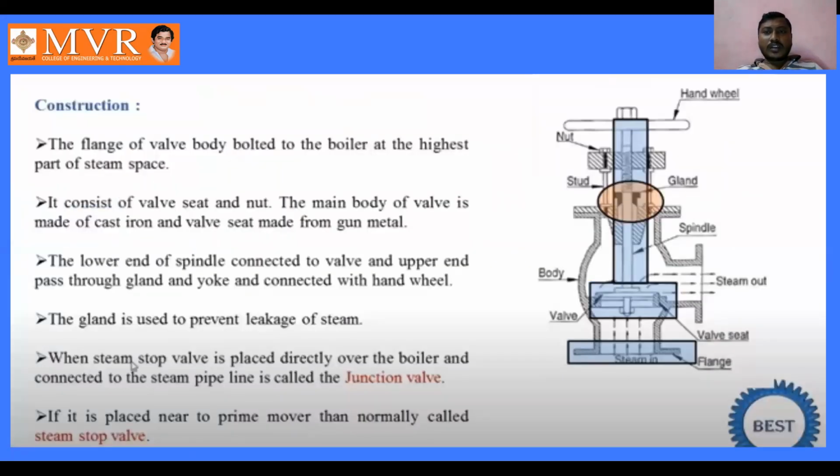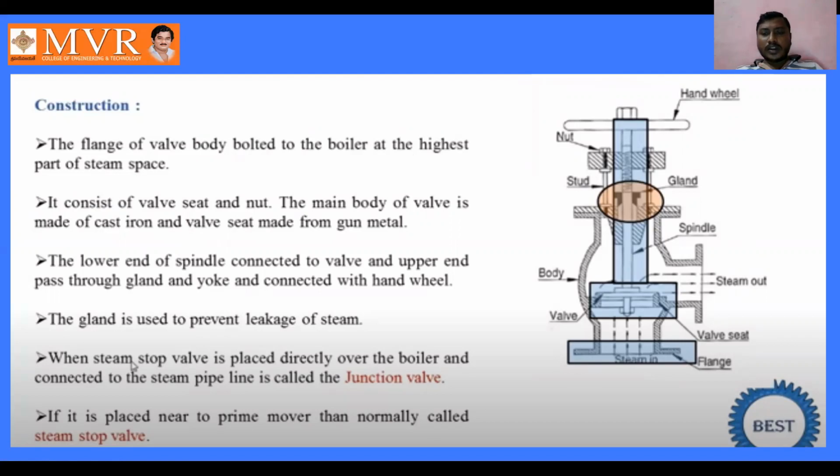See, coming to here, we are going to know the construction of the steam stop valve. See here, we can understand the flange of the valve body is bolted to the boiler at the highest part of the steam space. Here, this is the flange which we can observe.